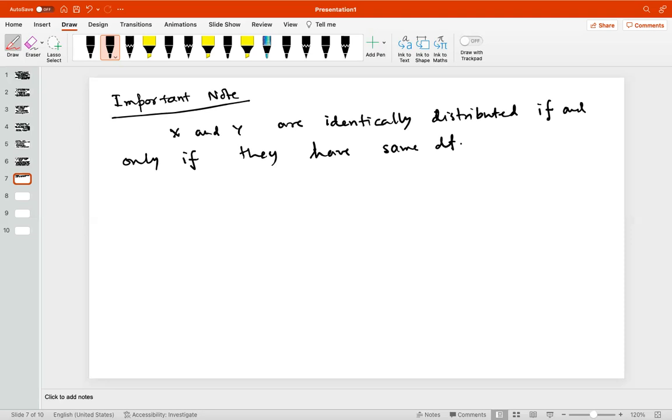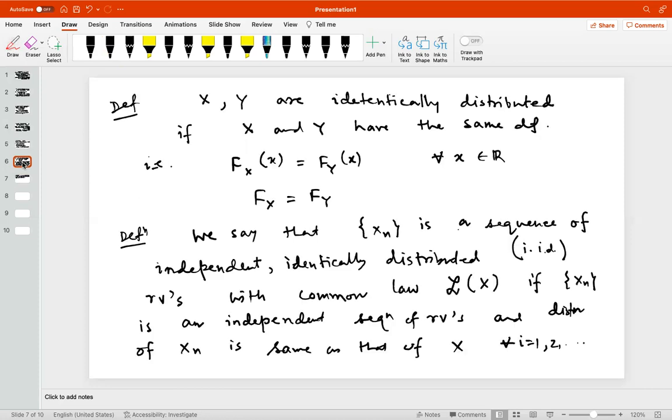Remember, it does not follow that probability of x equal to y is 1. It may not be true. Like in the previous example, what happened?